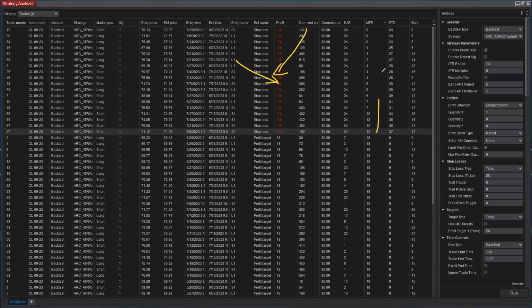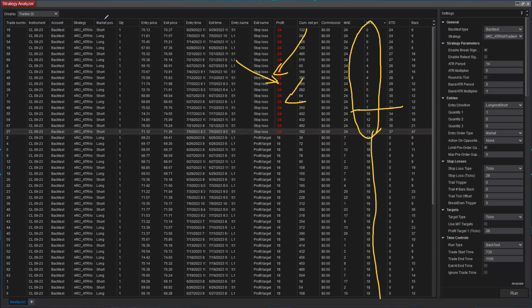This is our max favorable for our stop outs. It doesn't make sense for us to pull our target into like 8 ticks, because then we're going to leave all this money on the table. But in this case, we could probably tighten up our stop.